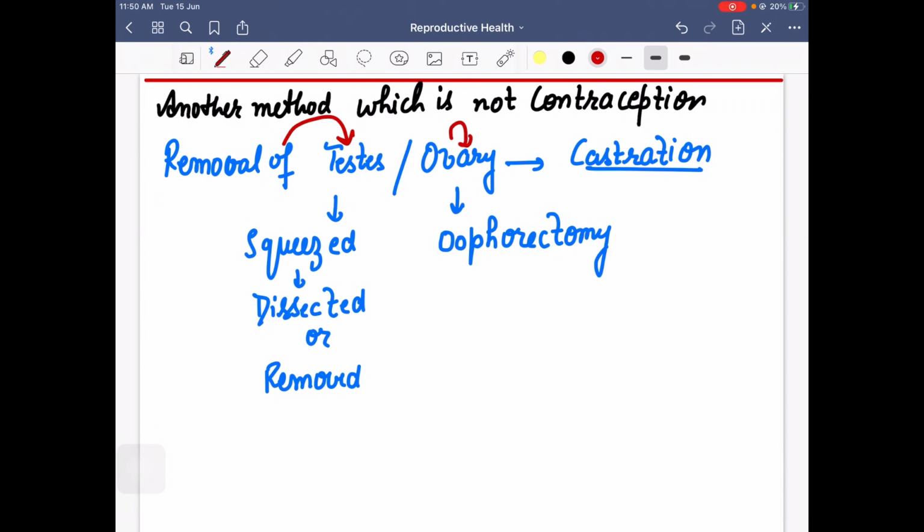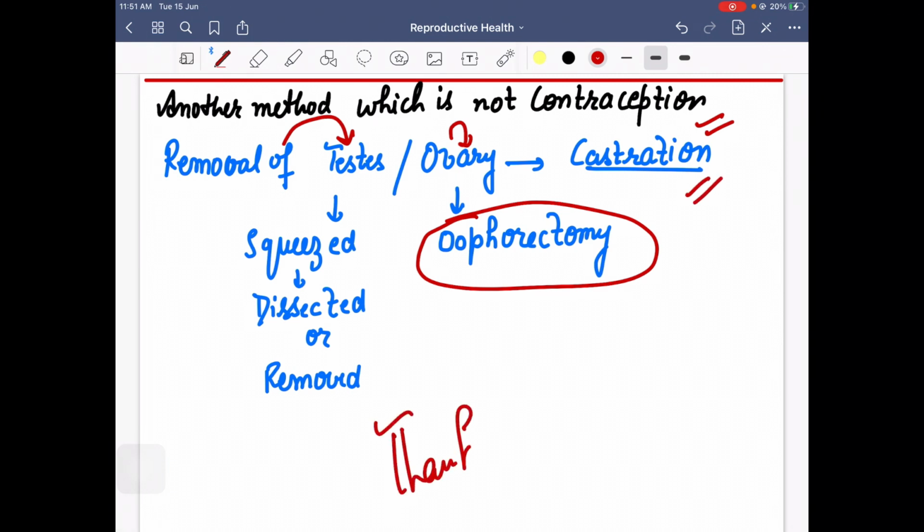Removal of testes is known as castration. The testes are removed, dissected or squeezed, and removal of the ovary is known as oophorectomy.